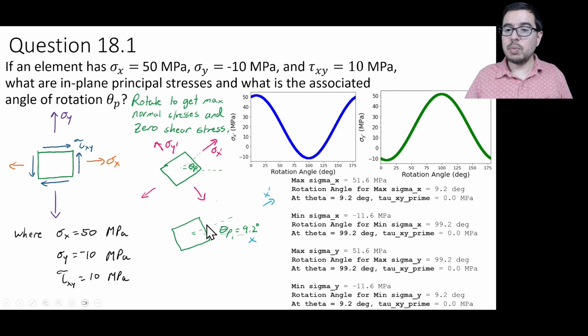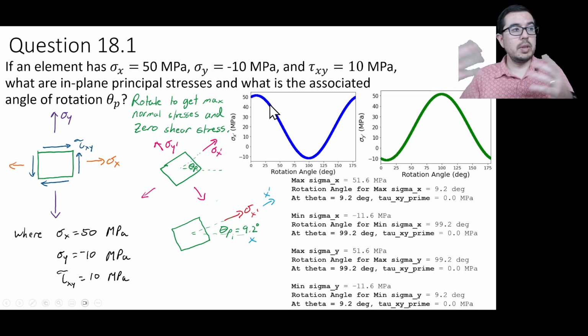Now this is the x prime direction coming out of this face, and sigma x prime will be coming out of this face, right? So you can see sigma x was aligned with the horizontal previously, and now sigma x prime is up at an angle. And this was determined numerically, essentially through a trial and error type method, and then we looked at finding the maximum of the outputs.